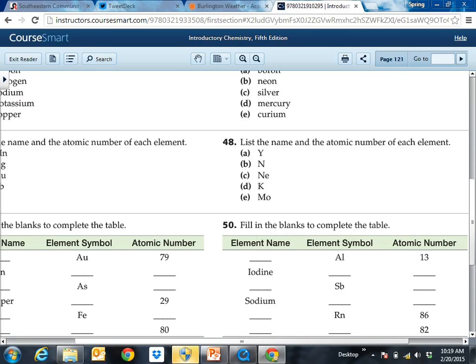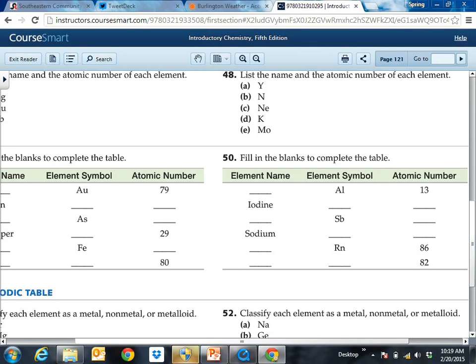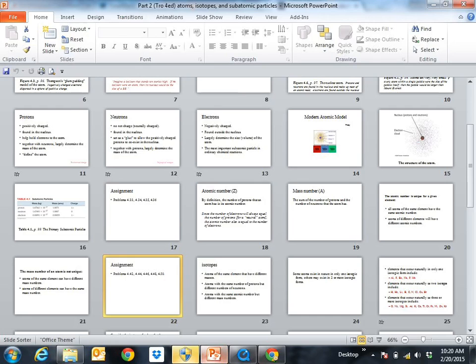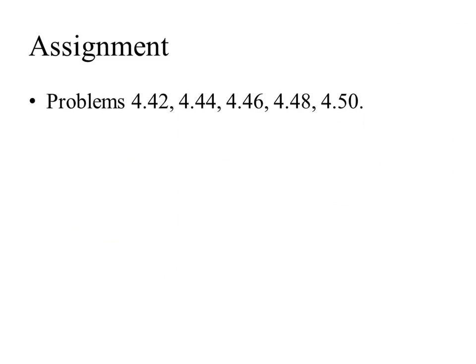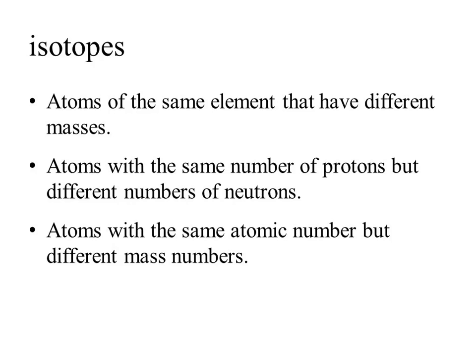Oh, and 50 is a table. For given elements, there's the name, the symbol, and the atomic number. Feel free, it's good exercise. I almost started to say it feels too easy to get credit for, but it's good to get you doing that sort of thing.